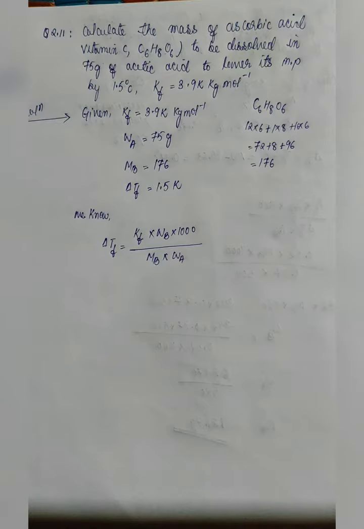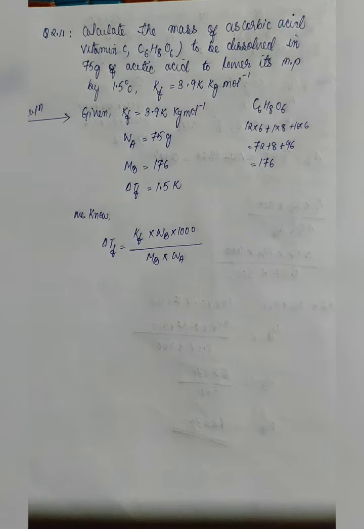Let us do the calculation for the next numerical. Calculate the mass of ascorbic acid, vitamin C, C6H8O6, to be dissolved in 75 gram of acetic acid to lower its melting point by 1.5 degrees Celsius. Kf value is mentioned, that is 3.9 kg mole inverse.